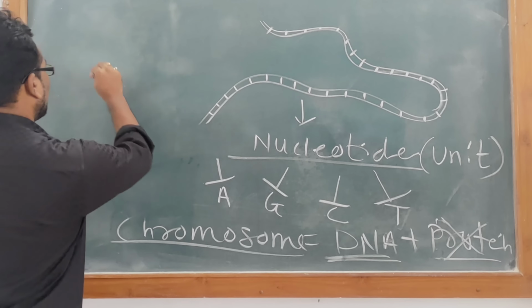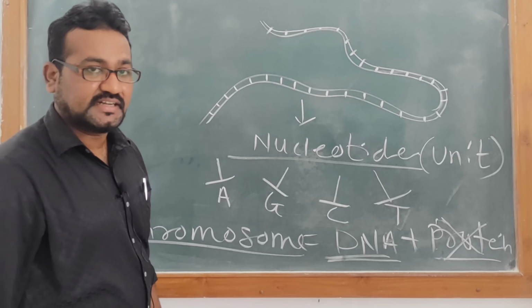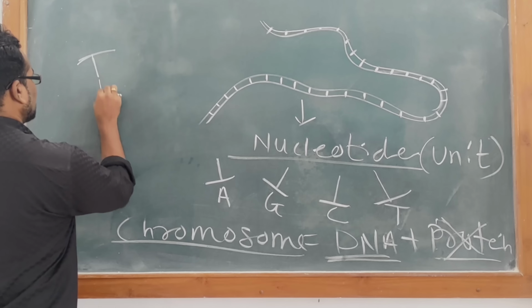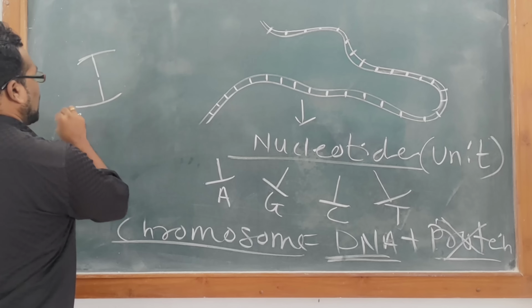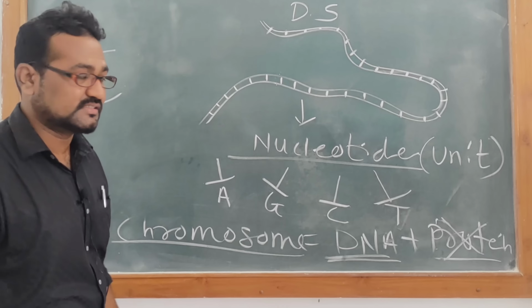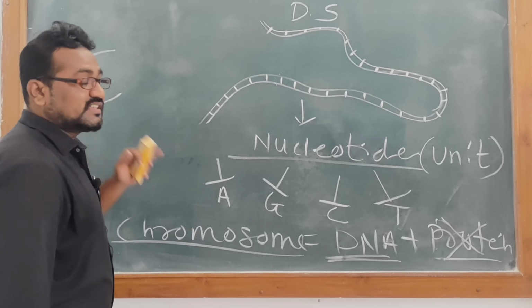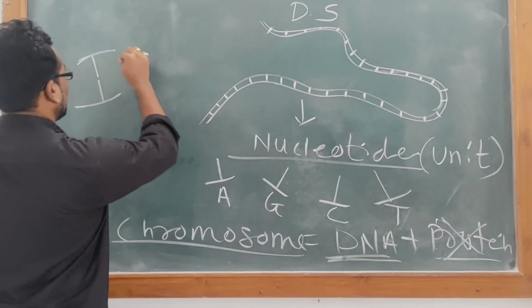Means what? When one nucleotide is present in DNA, it always faces another nucleotide on the opposite strand. As we have said, the DNA is double stranded. I have written the shortcut TS. If here is one nucleotide present, at the opposite side another nucleotide is always present.